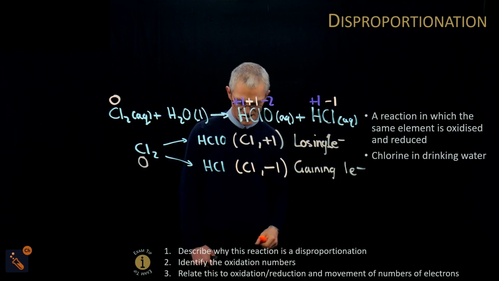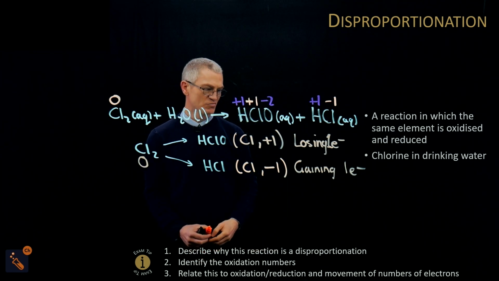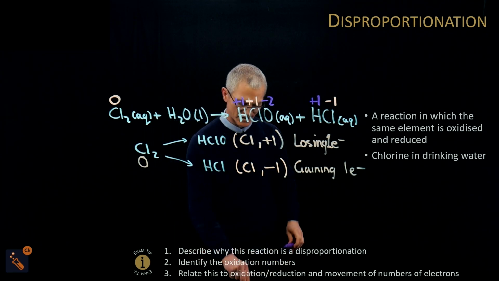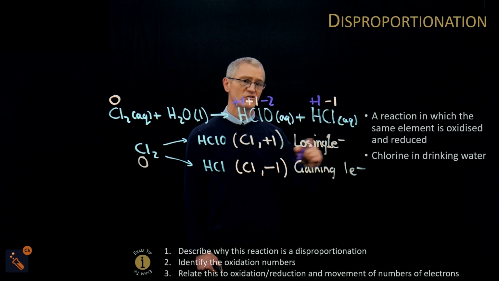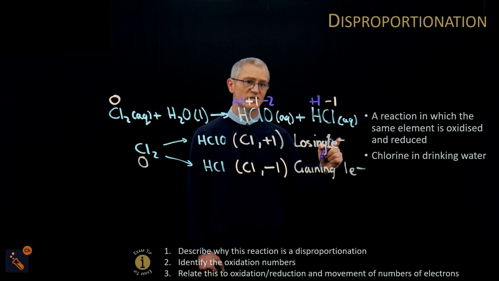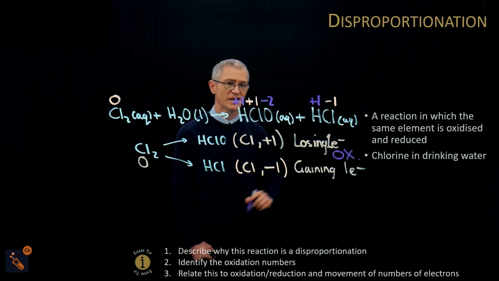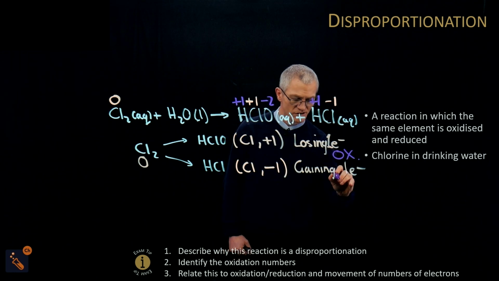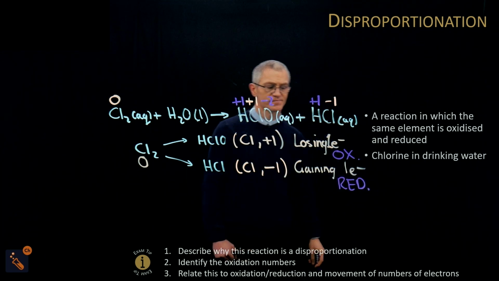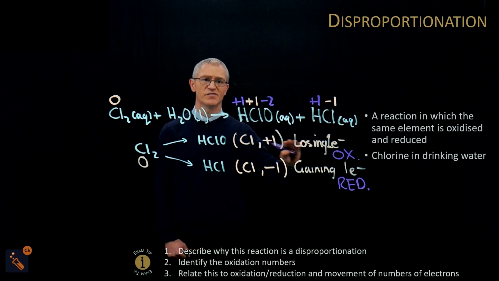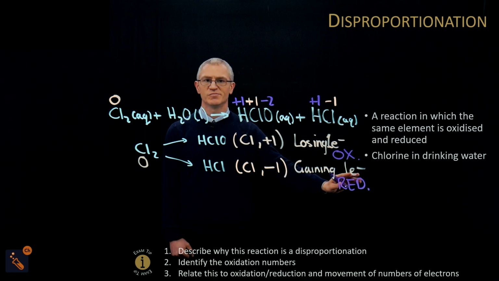So we're losing and we are gaining 1 e minus. Just to make it clearer, if you lose 1 e minus, that means you are doing oxidation. Okay, and if you are gaining 1 e minus, that means you're doing reduction.